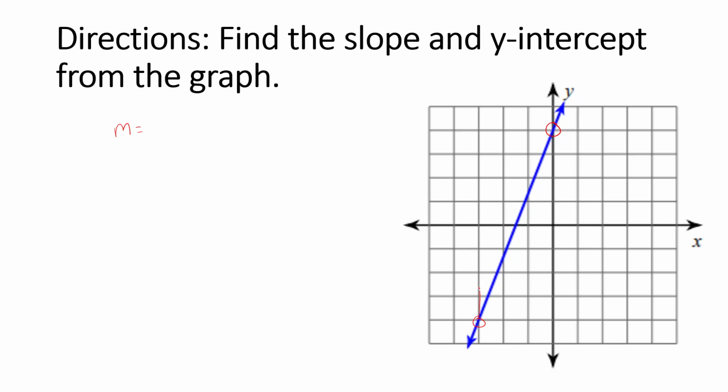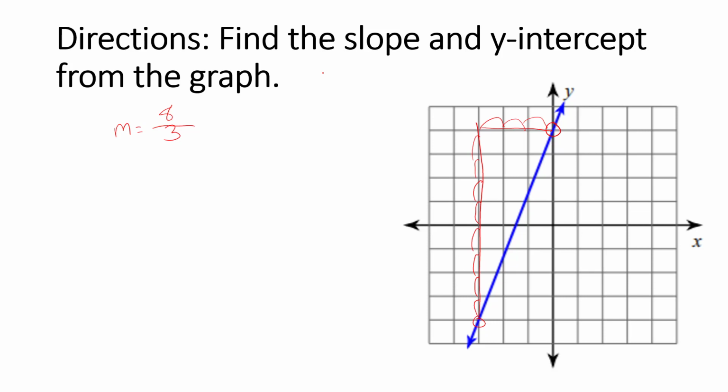And now I want to know my rise over my run. So let's see, we've gone up 1, 2, 3, 4, 5, 6, 7, 8. We have a rise of 8 over a run of 1, 2, 3. Our m value, or our slope, is 8/3.